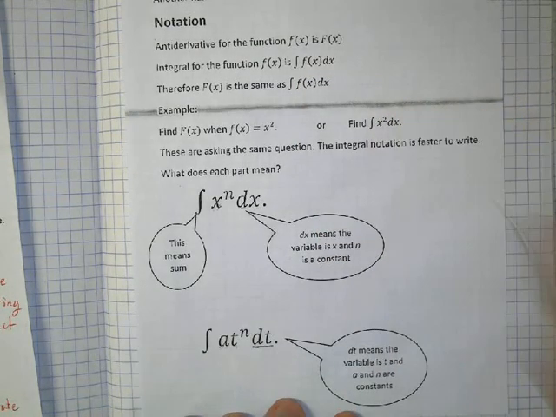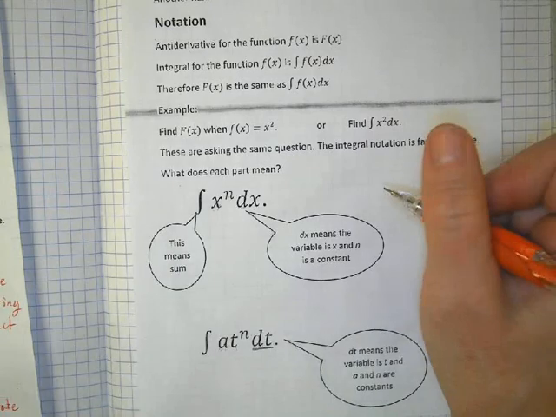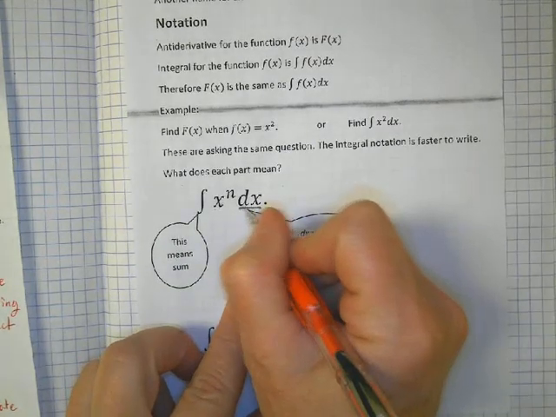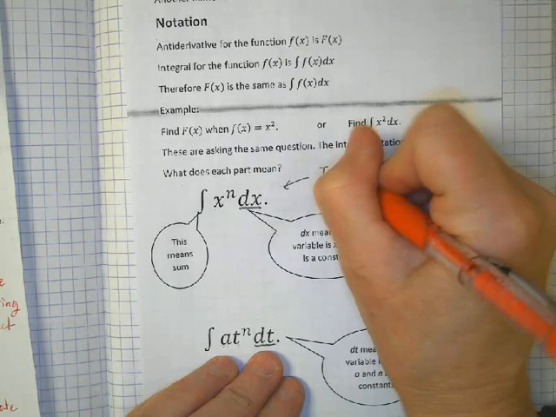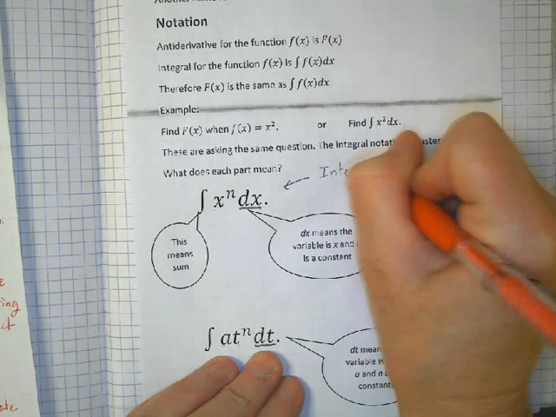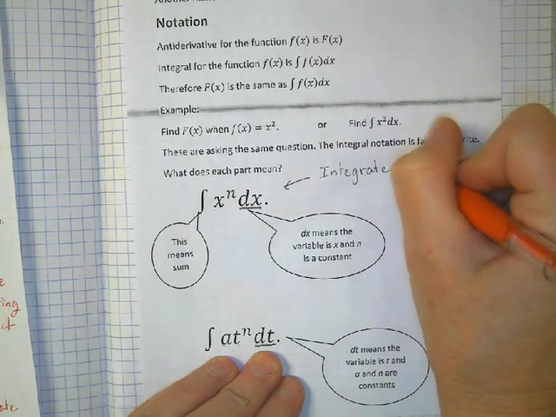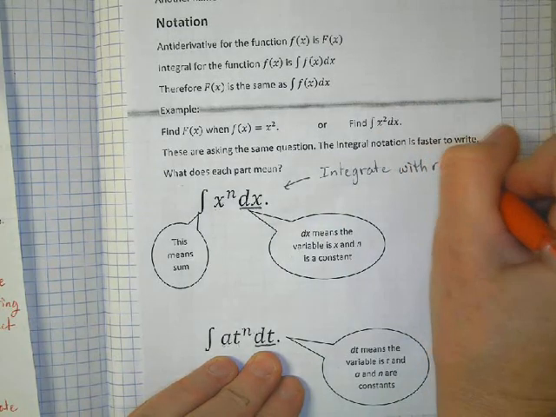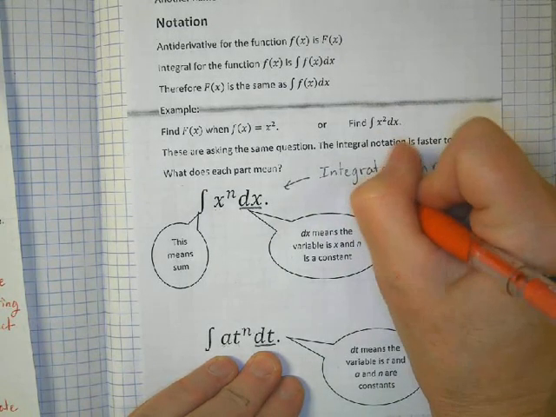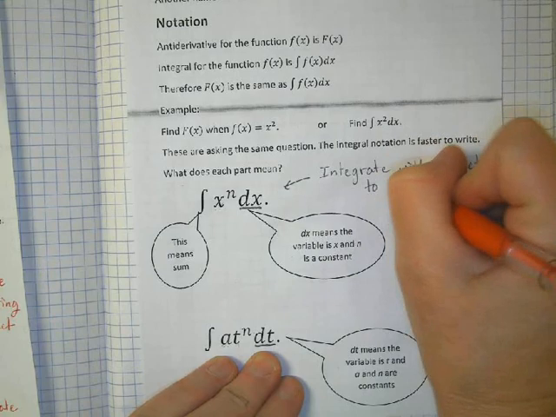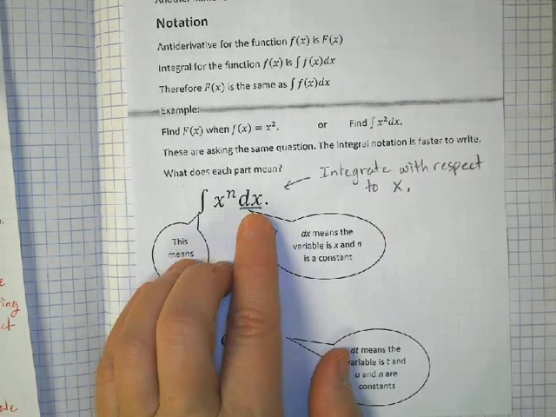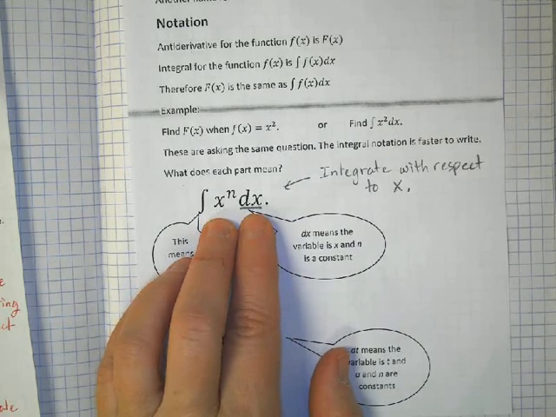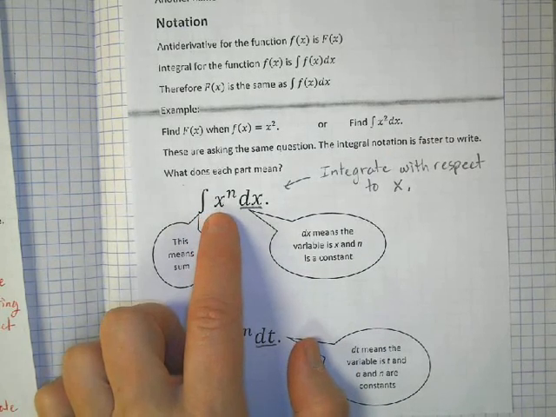In a textbook, the way that a textbook would say this is they would say integrate with respect to x. So what this is telling us is that we are going to integrate with respect to x. It's possible to have a lot of letters in the problem, but you need to know which one is the variable, which one we are going to be worried about and using our rules of integration on.